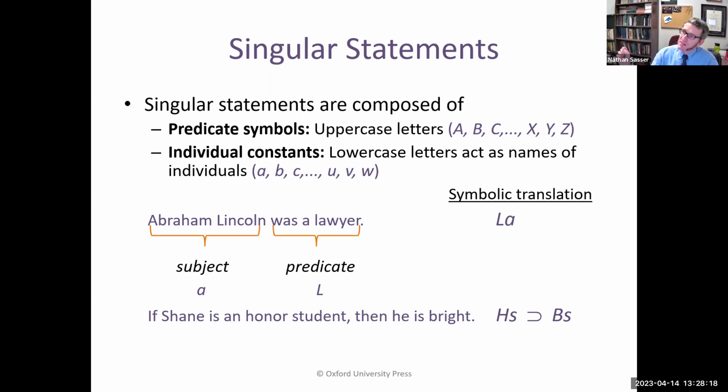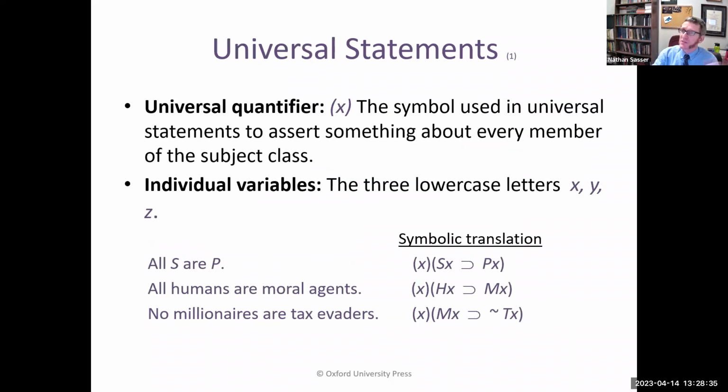Now, the lowercase letters X, Y, and Z are going to be variables. And variables can stand for any individual. So they just say something like, something was a lawyer.